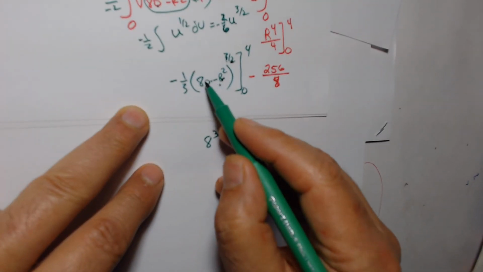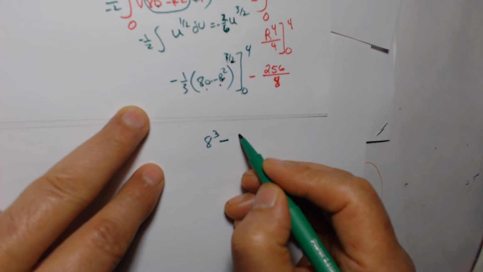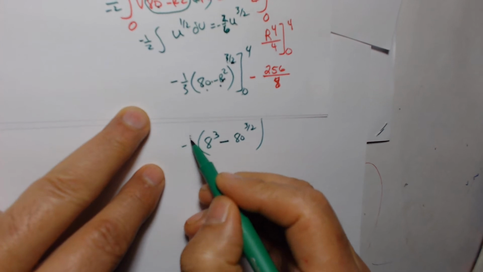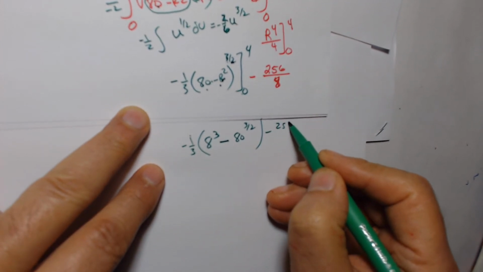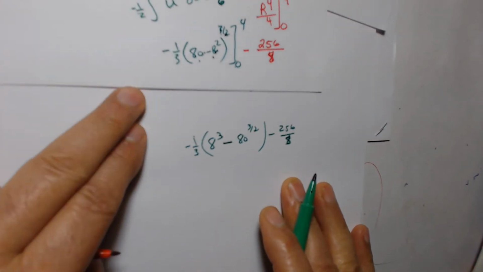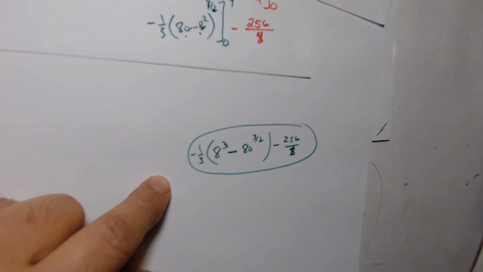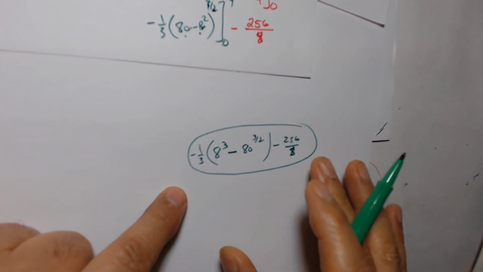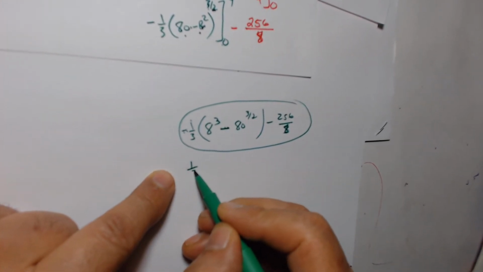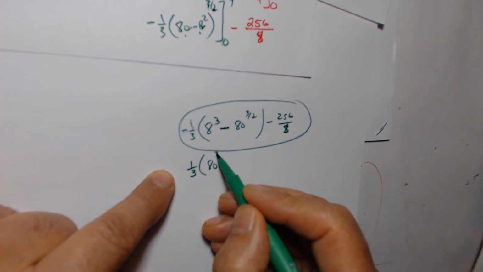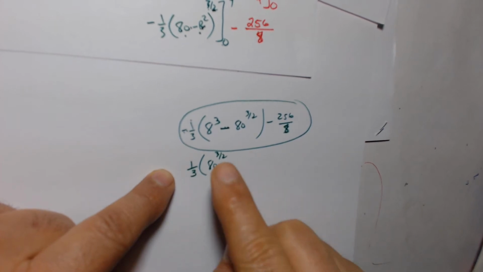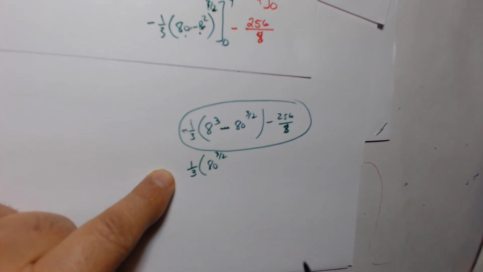When I put 0 here, it becomes 80, but I have to subtract. It becomes 80 to the power of 3/2. Don't forget, I have a negative 1/3 in here, and I have negative 256/8 in here. All of this is constant, and I'm hoping that becomes a positive number, because when I apply this negative, it becomes 1/3 of 80 to the power of 3/2, but you know the square root of 80 is about 9, and 9 cubed is way bigger than 8 cubed.